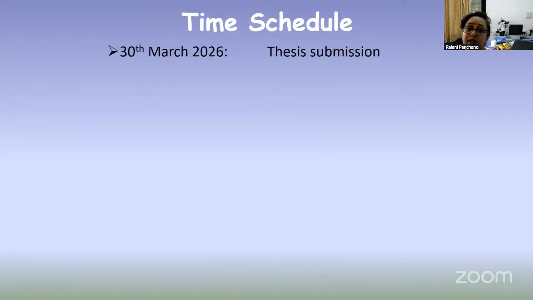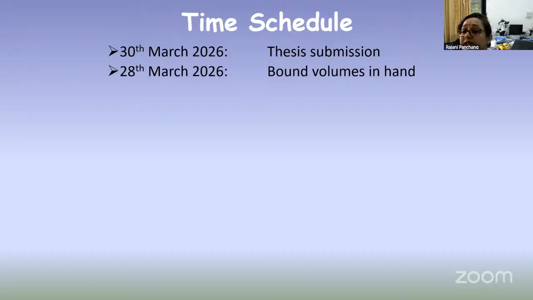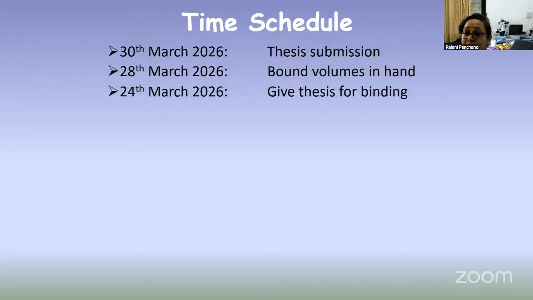Time schedule, most important. Always prepare your time schedule backwards. You should know the date of your thesis submission. If you know that you want to submit on 30th March, you should start back calculating. 2 days in advance, you should have. I'm not reading it out.